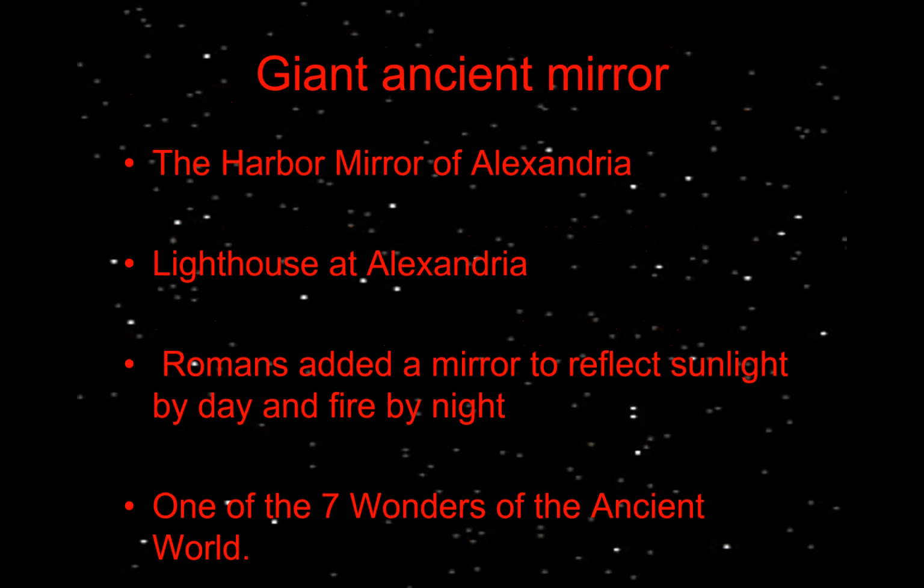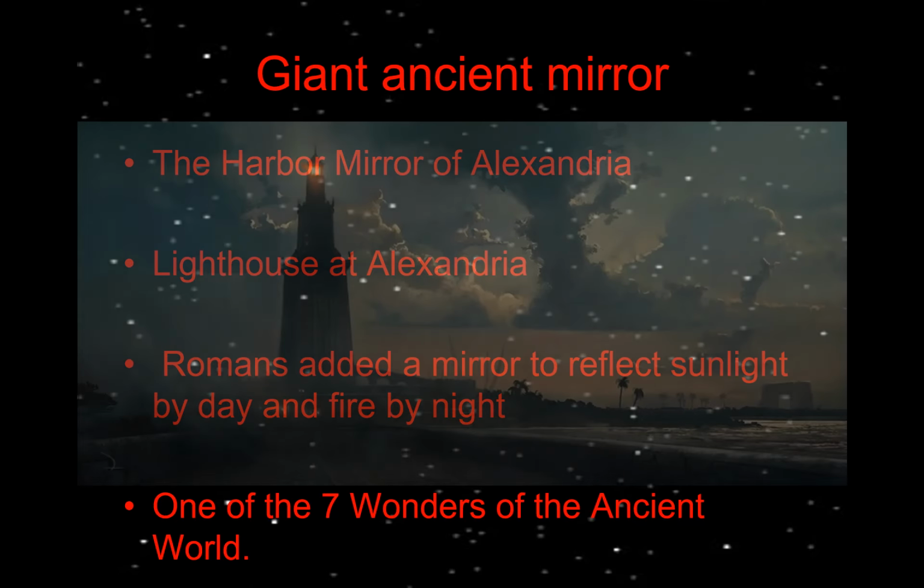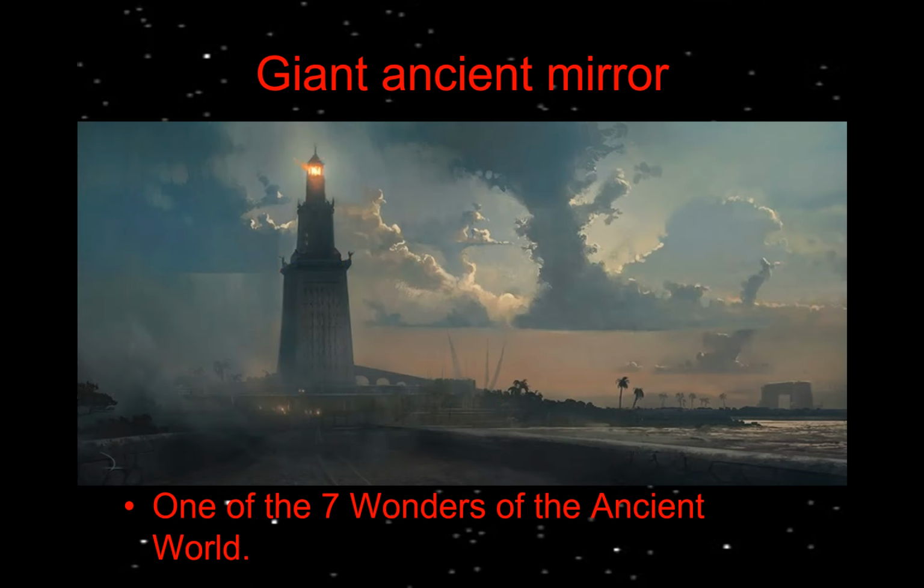It's thought that a mirror that was extremely large was constructed by the Roman Empire to put in the lighthouse at Alexandria so that light could be beamed further out into the ocean to actually navigate shipping. And this lighthouse is one of the 7 wonders of the ancient world and contained what may have been one of the largest mirrors of the day.